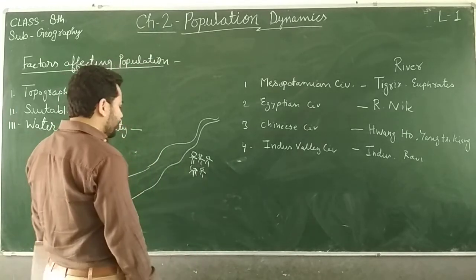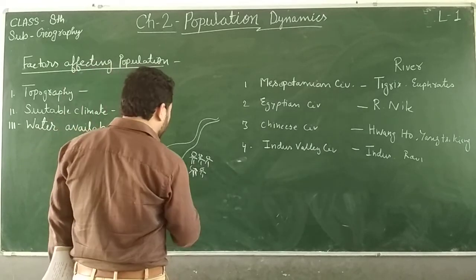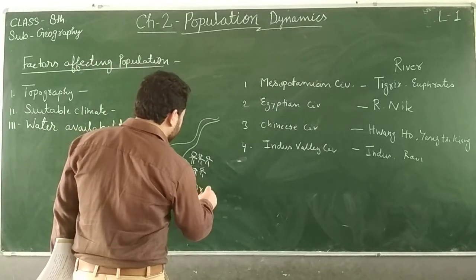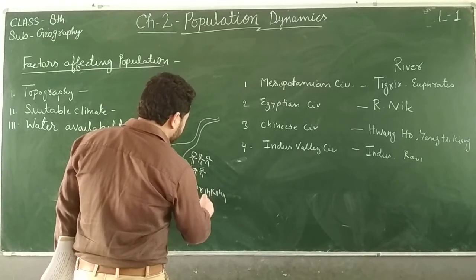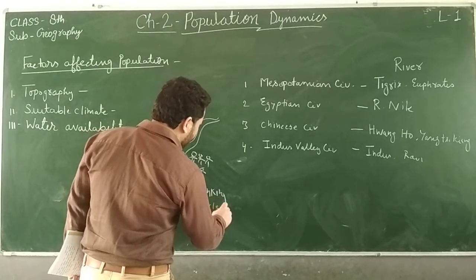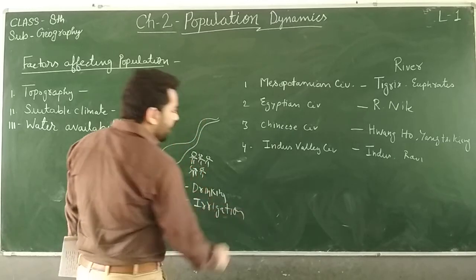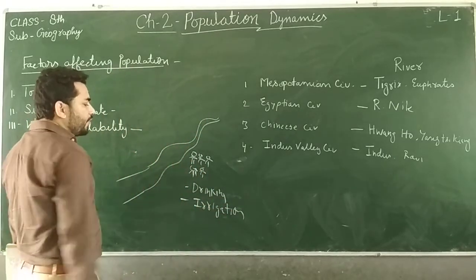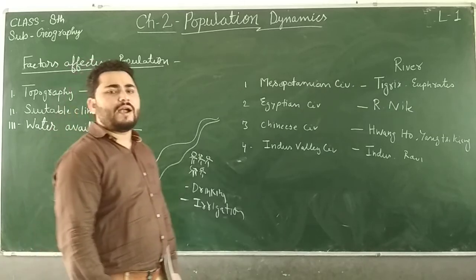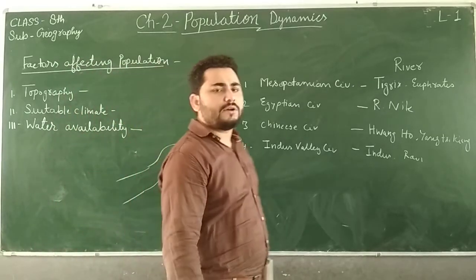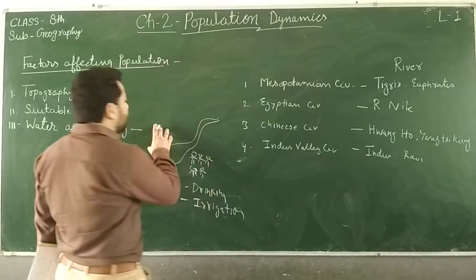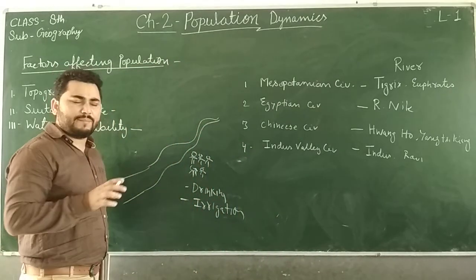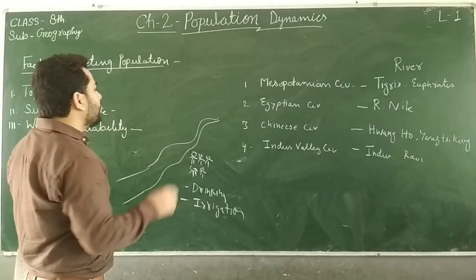Because from there they were able to get water for drinking purposes, and for irrigation purposes, irrigating their field, because they were doing agriculture. So water was available for irrigation also and drinking also, and for various other household chores. Clear? So that is why the place where water is available will have more population.